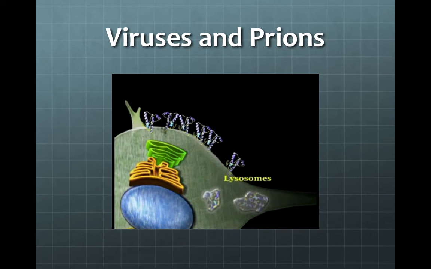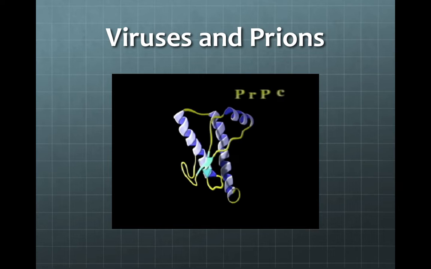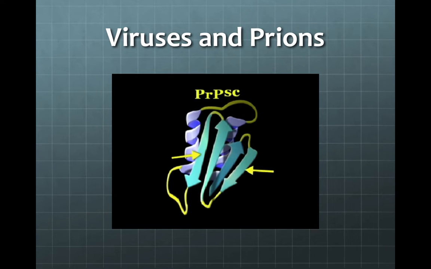The normal cellular prion proteins are designated PRPC. Their three-dimensional structure is predominantly alpha helical. In prion diseases, that configuration changes to become predominantly beta-pleated sheets. The abnormally folded prion molecule is designated PRPSC because it was first identified in Scrapie-infected sheep.